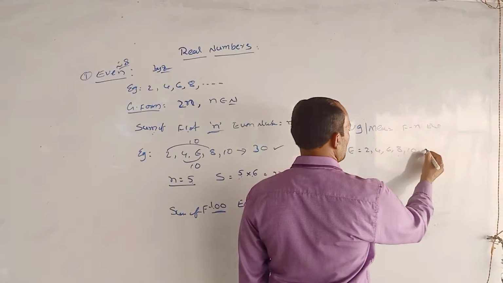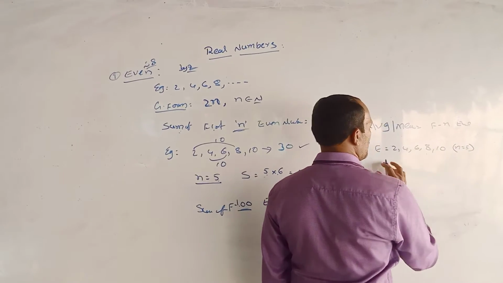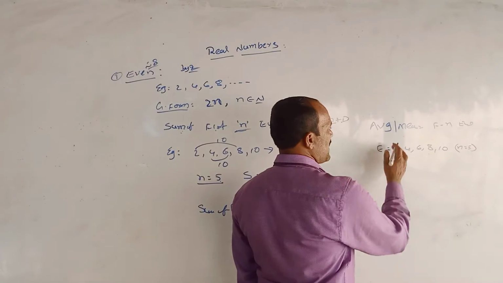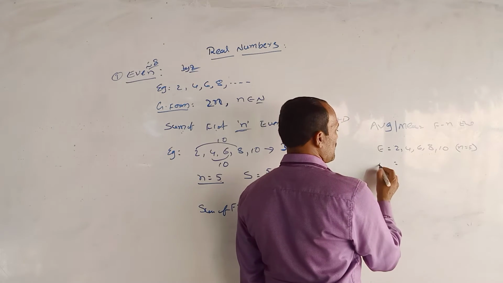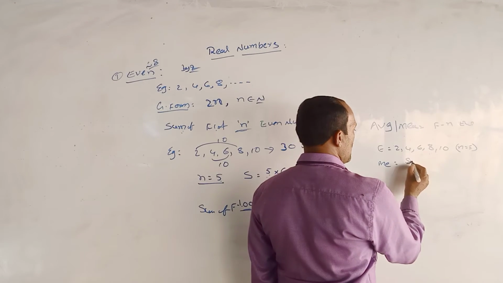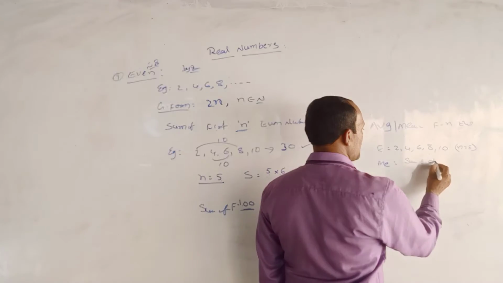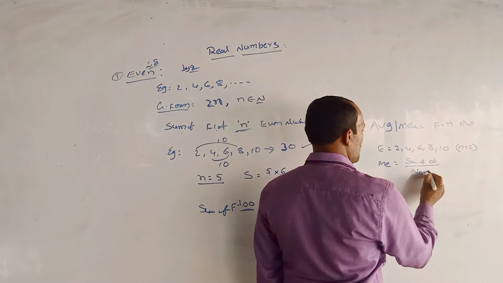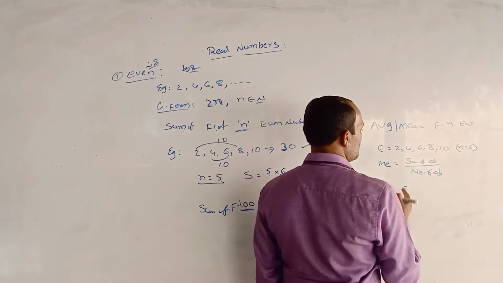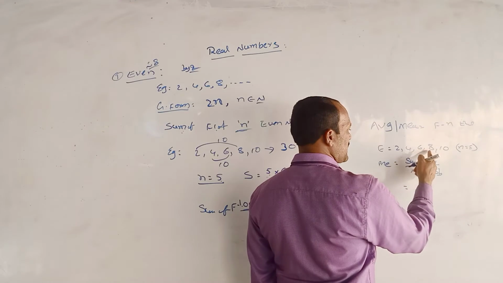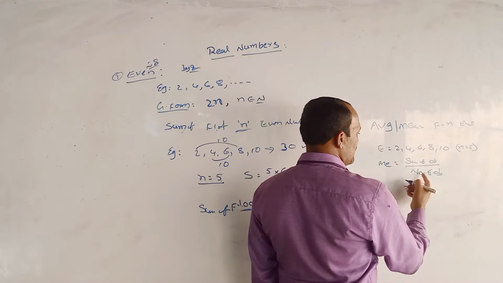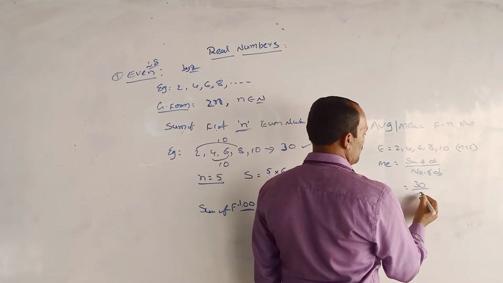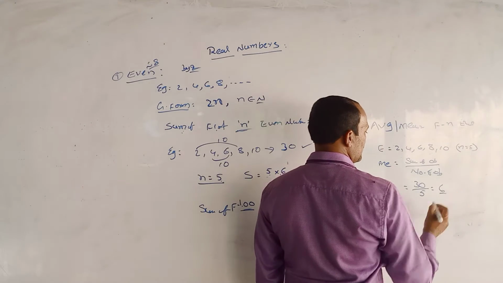This is n equal to 5. Average or mean formula: sum of observations by number of observations. The sum is 2 plus 4 plus 6 plus 8 plus 10, which is 30, divided by the number of observations, 5, gives 6.